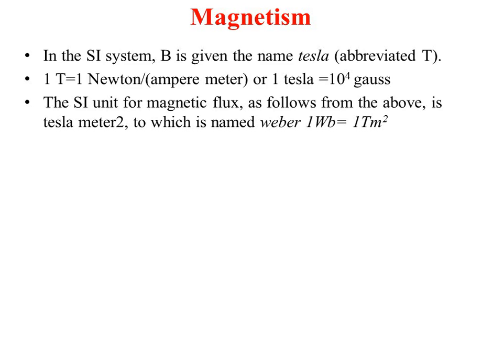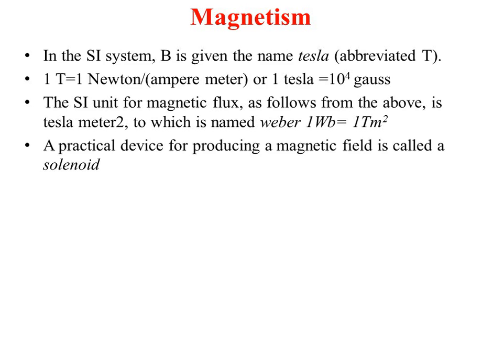So if you are using the magnetic field, its unit is Tesla, and if you are using the magnetic flux, its unit is Weber, and 1 Weber is equal to 1 Tesla meter square.